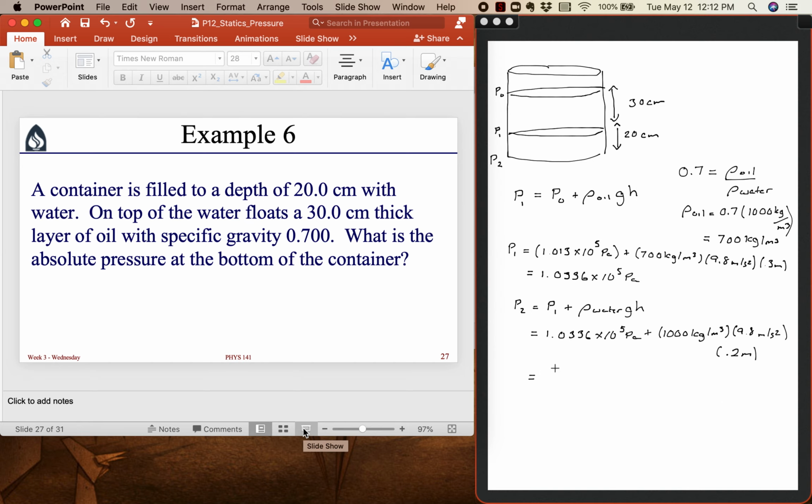That will give us a final pressure of 1.05 times 10 to the 5th pascals, and that would be the pressure at the bottom of both the oil and the water.